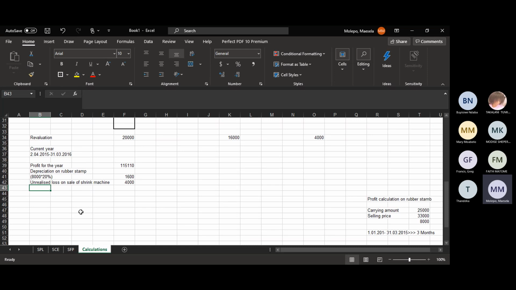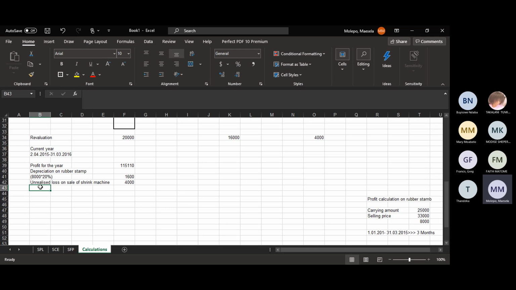But if the statement said it is mandatory for the parent to sell the asset to third parties, they would have to give us information on which date he sold the asset. The minute he sells the asset to the third party, and it still falls within our financial year, we can account the whole loss as a realized loss on the shrinking machine.